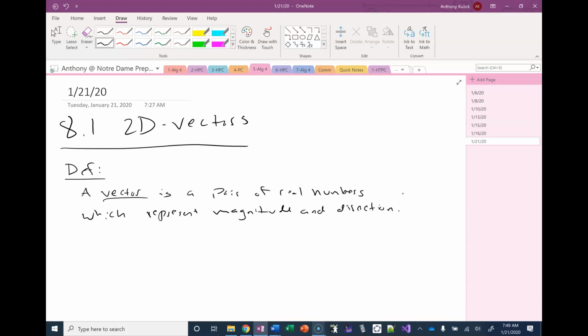So a vector is a new kind of quantity. So a vector quantity contains both information about a magnitude and a direction. It needs to be able to describe both of those two things.